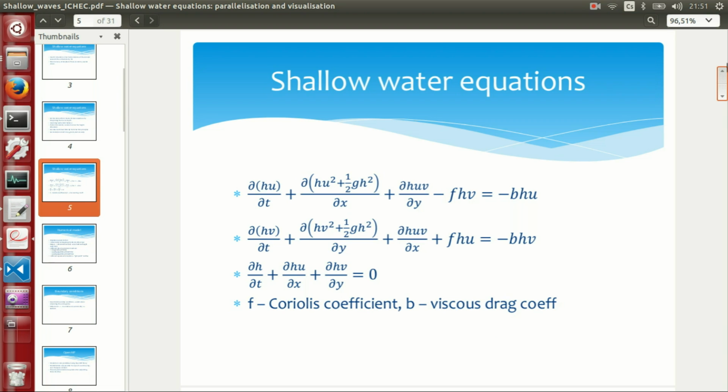Shallow water equations are three equations forming a mathematical model which can be used to simulate physical behavior of fluids in shallow areas like coastal waters or flows in the atmosphere, or they are also used to simulate tsunami waves in the ocean, because when you compare the depth of the ocean to its entire area, it's still considered shallow. So these equations have a wide range of usage in climate modeling.